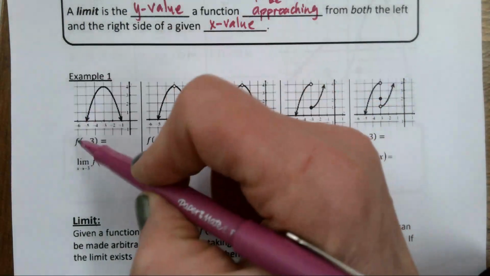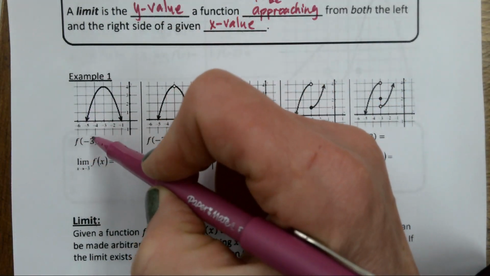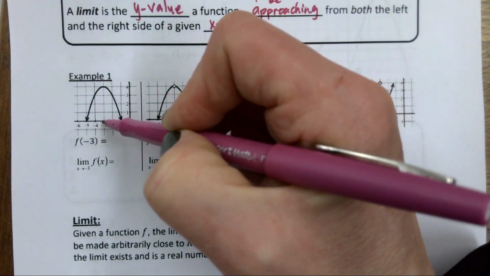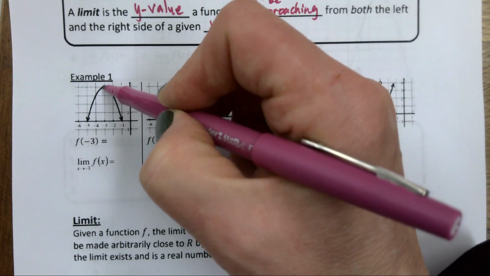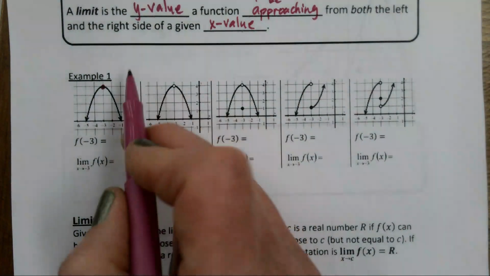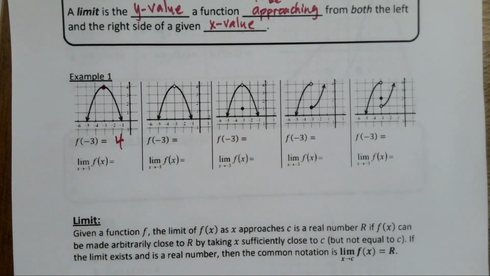And so if I am looking for the value at -3, what I would do is go to x equals -3 and follow this up and find the point and figure out what the y is there. And the y happens to be 4. Again, because this is a continuous function, my y value is 4.